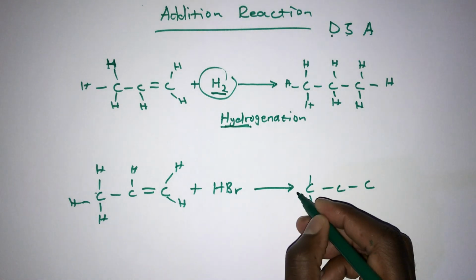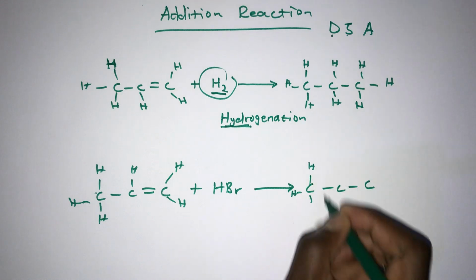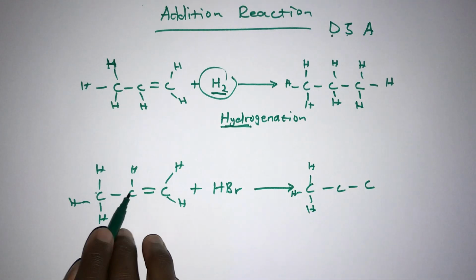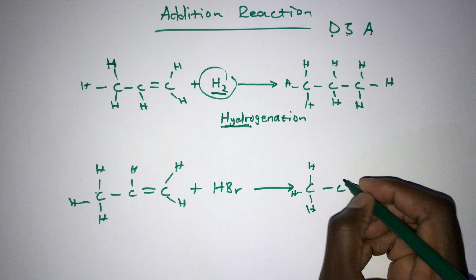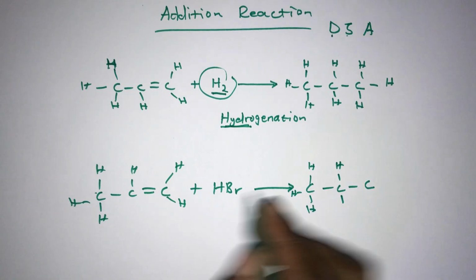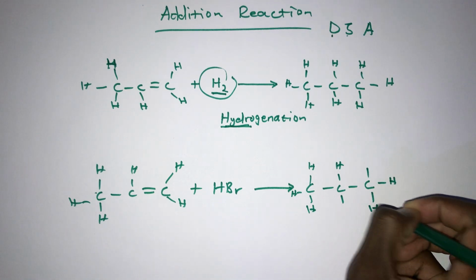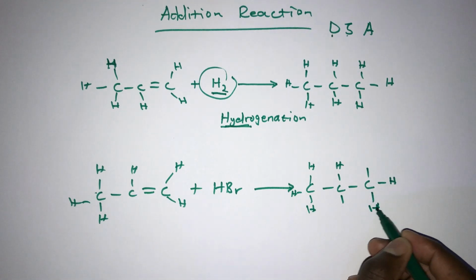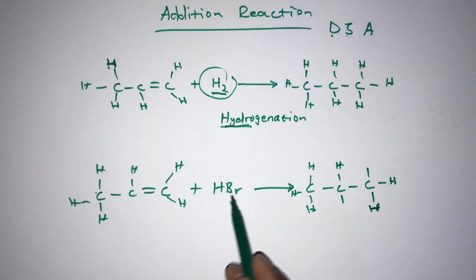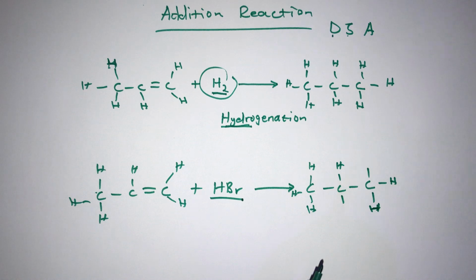The first carbon atom is having 3 hydrogens, the second carbon atom is having 1 hydrogen, and this one was having 2 hydrogens. So now let's check. We are adding HBr. This is what we must do.